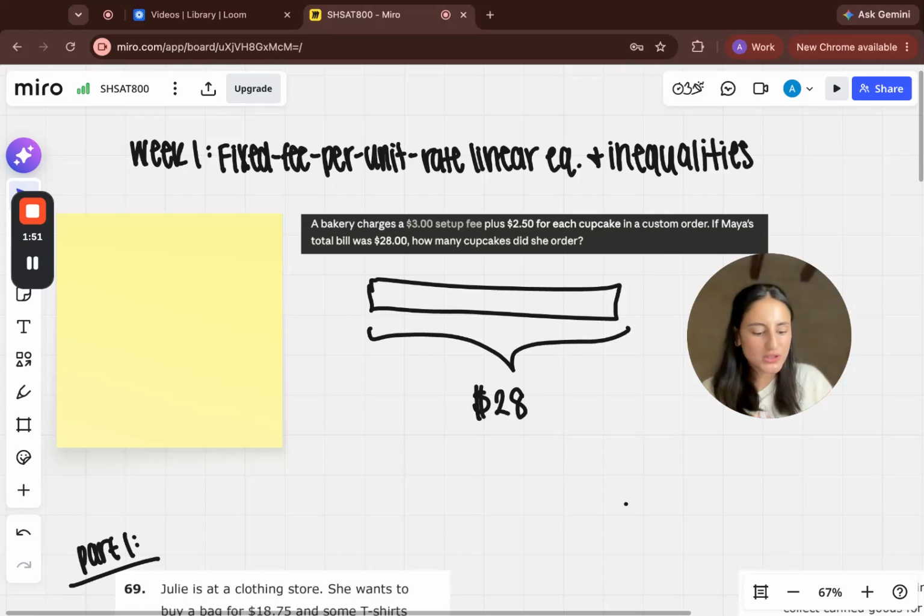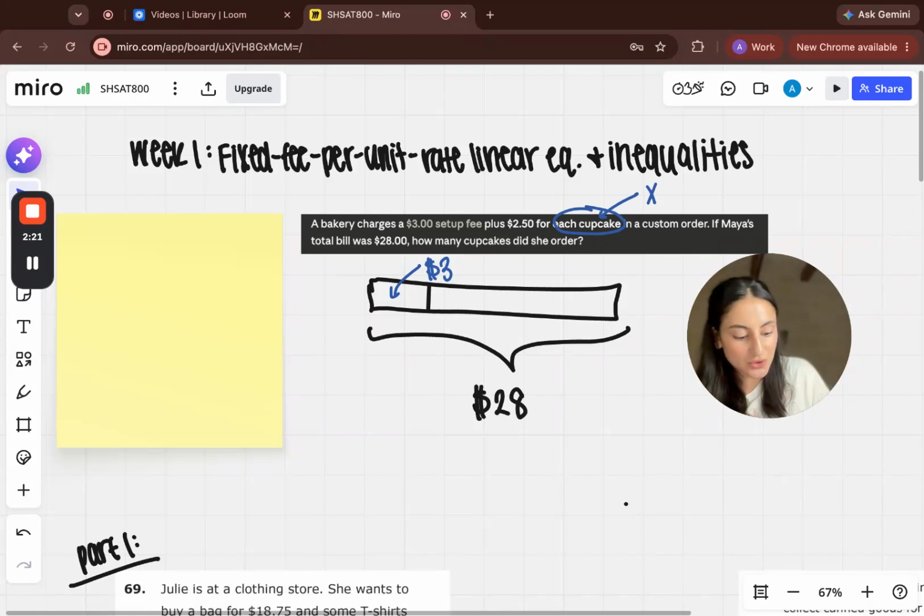So that $3 is basically a one-time expense, so that's not related to our variable. In this case, our variable is each cupcake. So each cupcake is what our variable X represents, because the cost depends on the number of cupcakes we order, and they told us that the cost for each cupcake is $2.50.